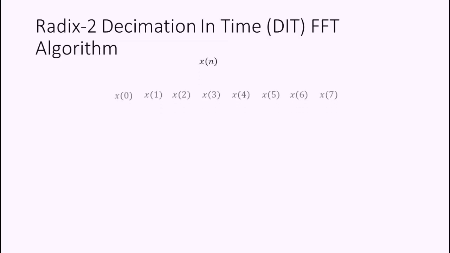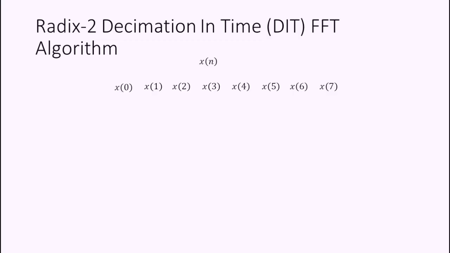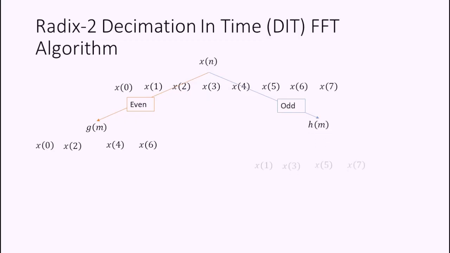First, Xn is like x0, x1, x2, x3, x4, x5, x6 and x7. We first take the even sequence of Xn named as GM. They are x0, x2, x4, x6. And odd samples are called HM, and they are x1, x3, x5 and x7.